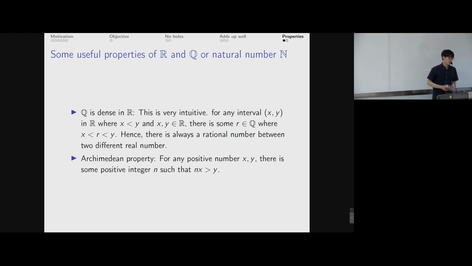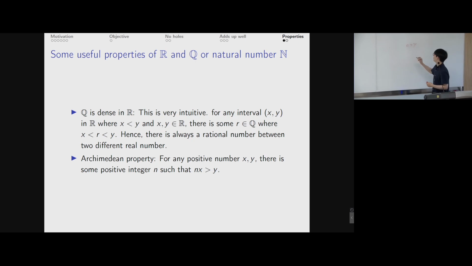I mean, think about it. It becomes easier if you think about x to be 1. Then the inequality in the slide becomes n greater than y, where y is just a positive number, and n is a natural number, right? So for any y, you're going to find some number bigger than y.